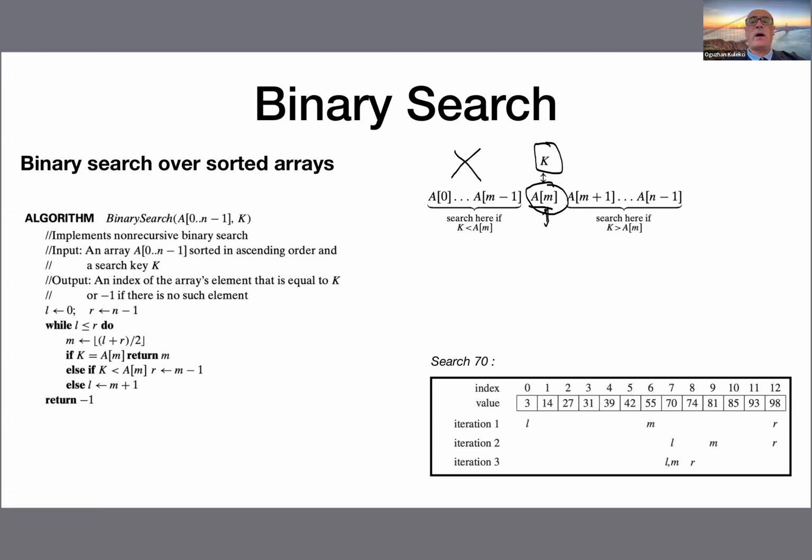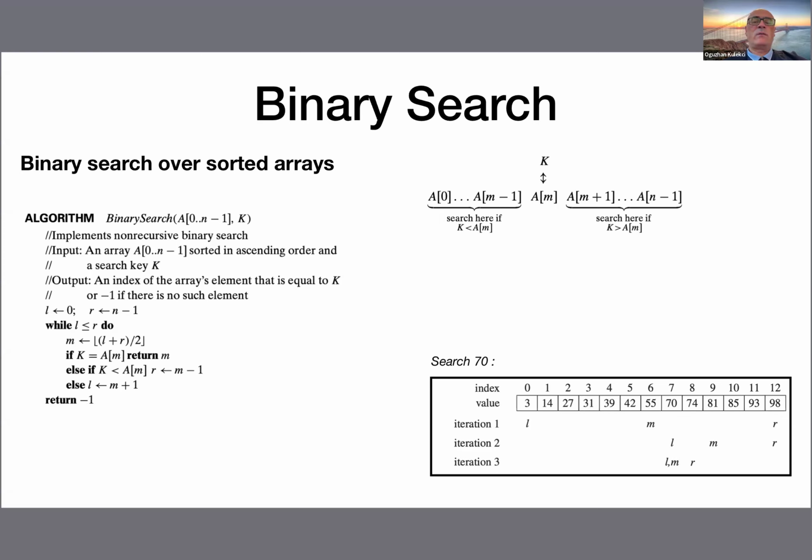That is why now my problem is whether that key appears on the right side. I will repeat the same process. I will go to the middle and check it. If my key is less than this amount, then I will consider this part, or if it is greater, then I will consider the other part.